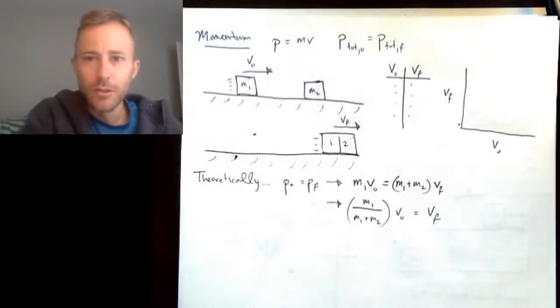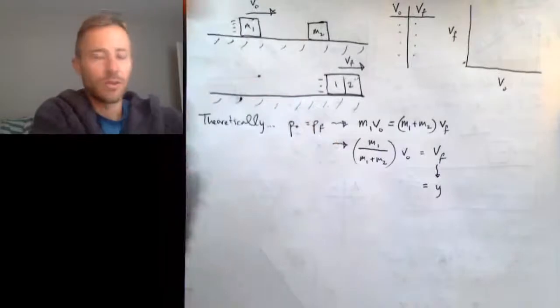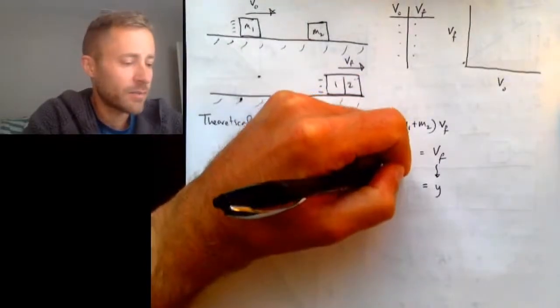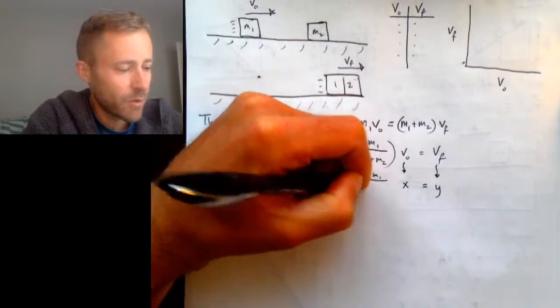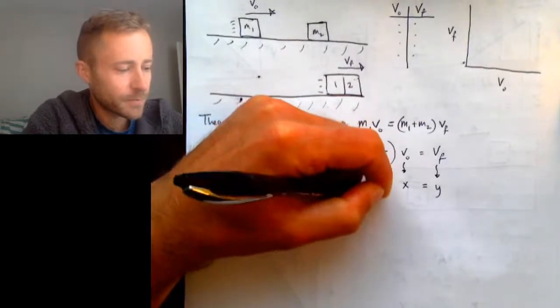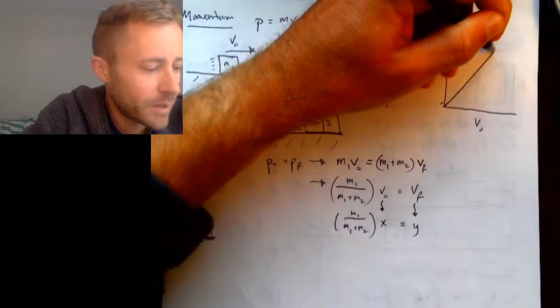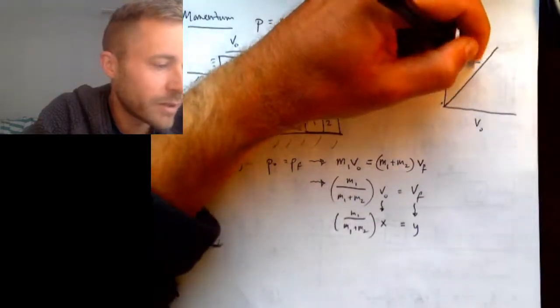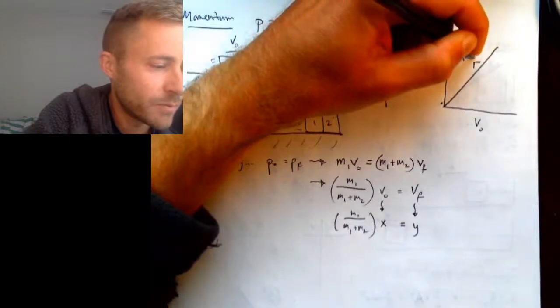V final is acting like y, v initial is on the horizontal axis so it is acting like x, and the thing that multiplies x is the slope. So this data should look like a straight line, and the slope of that line is going to be m1 over m1 plus m2.